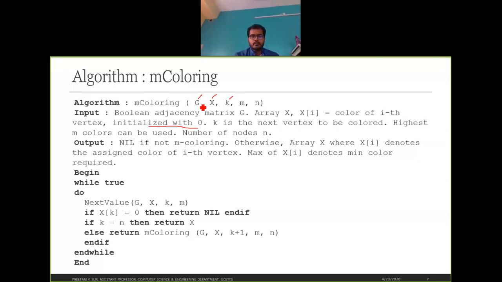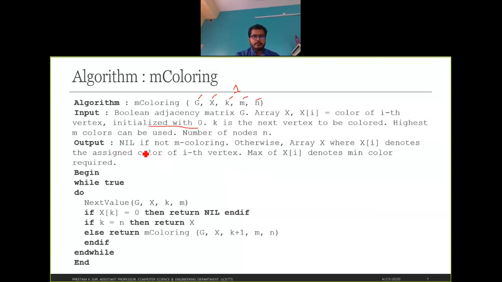When we call the m coloring problem for the first time, we start with the first node, node 1, so we pass the value of k as 1, and it will go through all the nodes recursively. Next we pass m, the number of colors available, and n, the number of nodes.